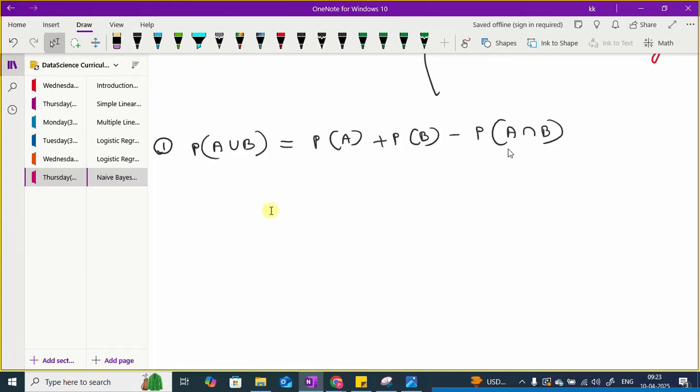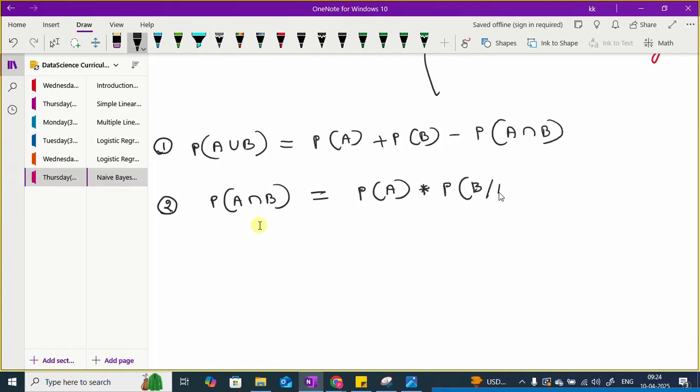Clear? Now, another one, the second one. Probability of A intersection B, the formula is probability of A multiplied by probability of B given A. This is the second formula. These are the existing formulas from mathematics that I'm deriving.